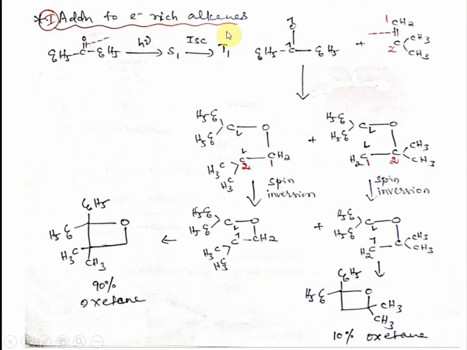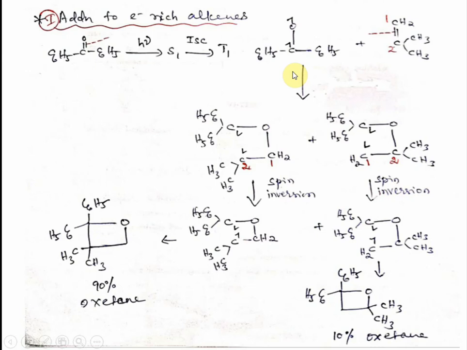Addition to electron rich alkene. First we are taking a carbonyl compound, let us take a ketone here. In presence of light, it will go to a singlet excited state, then intersystem crossing and forms triplet excited state. There occurs a cleavage of C=O bond. C will have one electron, oxygen will have another electron, a biradical will be formed.